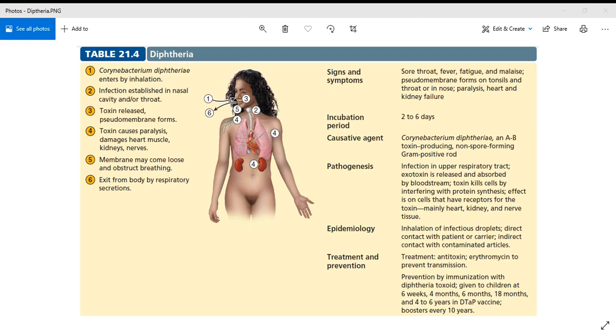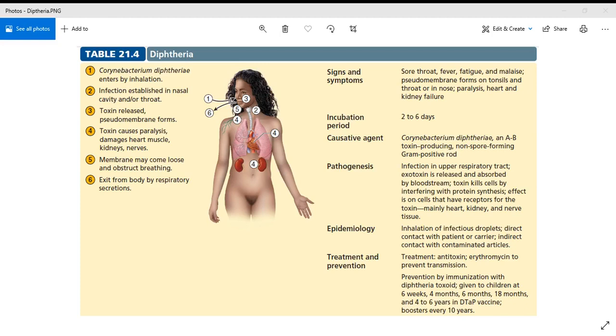Diphtheria actually starts, the signs and symptoms start with sore throat and then slight fever, with extreme tiredness and fatigue, and after a while you're going to experience a swelling around the neck region, and with time there will also be formation of a pseudomembrane on the tonsil and the throat and in the nasal cavity.